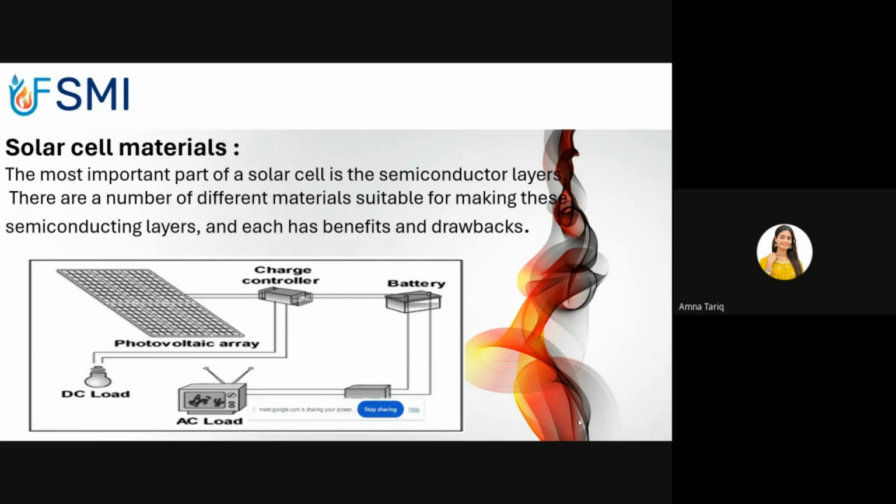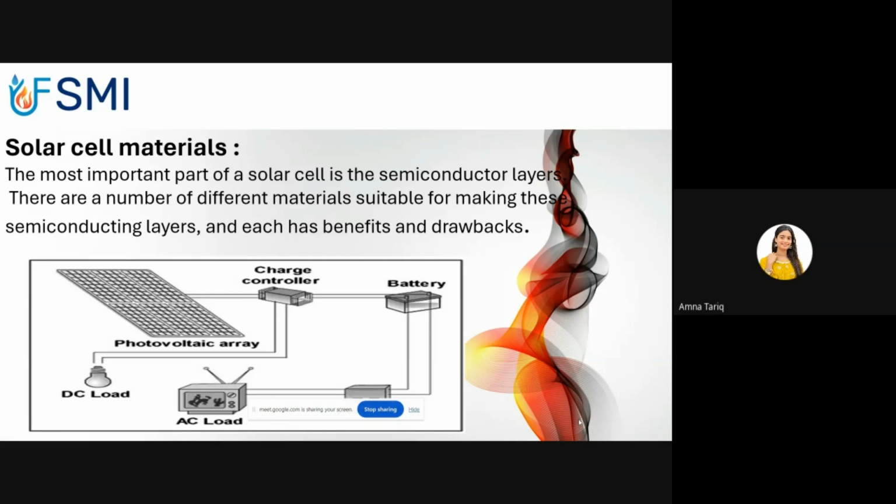This metallic electrical contact must be oxidation resistant to last the lifetime of the cell. On top of the complete cell, typically a glass cover or other type of transparent material is placed to seal the cell and keep out moisture. In solar cell materials, silicon and gallium arsenide play a very important role.